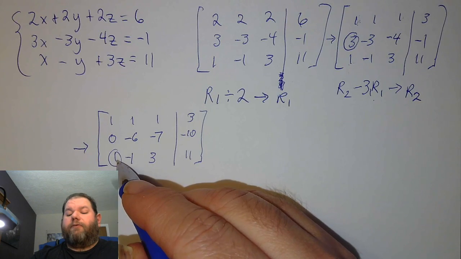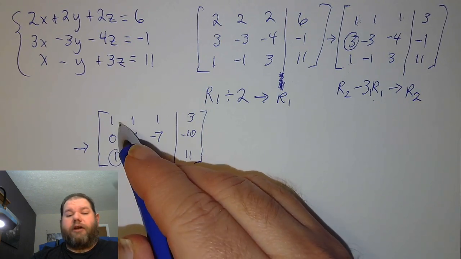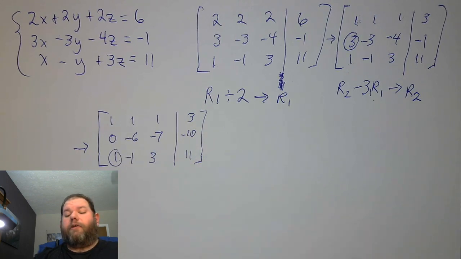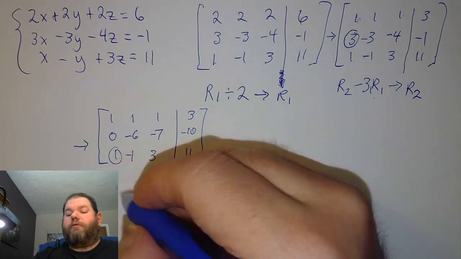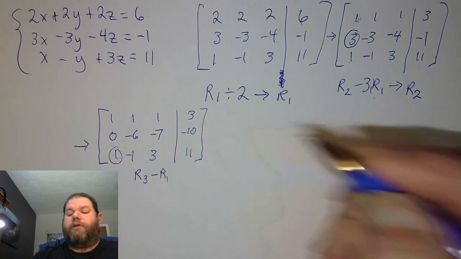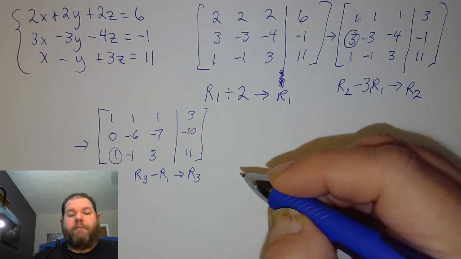To make this 1 a 0, we just need to take row 3 and subtract row 1, because 1 minus 1 would cancel out to a 0. So we're going to take row 3, subtract row 1, and then replace row 3 with the result of that operation.